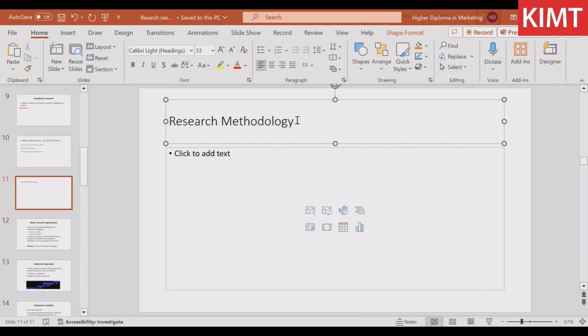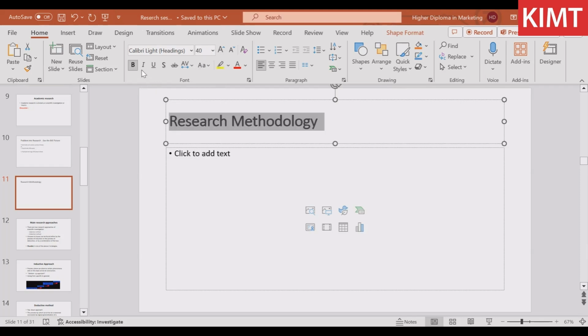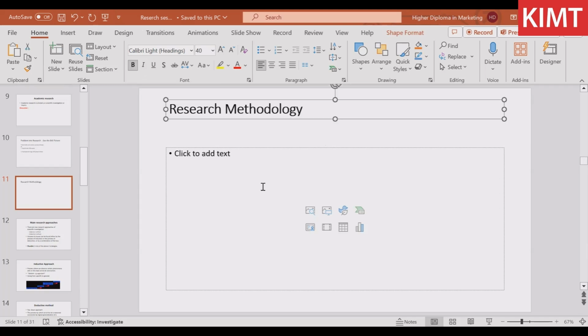Research methodology. After writing the literature review, this is what you need to write. Research methodology.